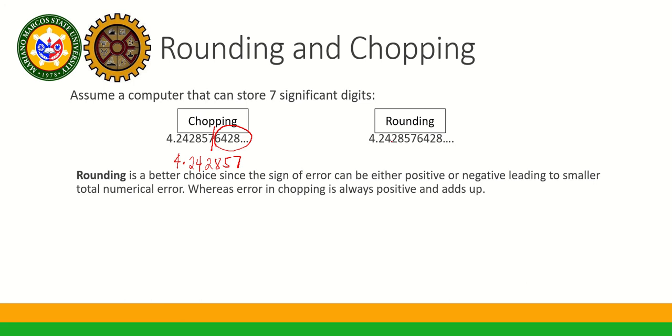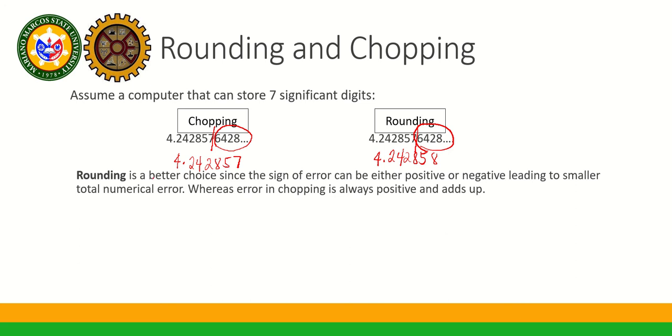Okay? Sa rounding naman, same dito rin natin siya i-slice. So what will happen to our number is magiging 4.242858. So nag-round up tayo. Since 6 ito, 5 above, mag-add 1 ka dito sa last digit mo. 4 below, stay lang, ganun lang. So, since 5 above to, nag-round up tayo.